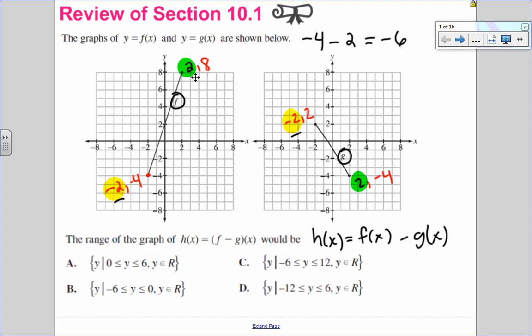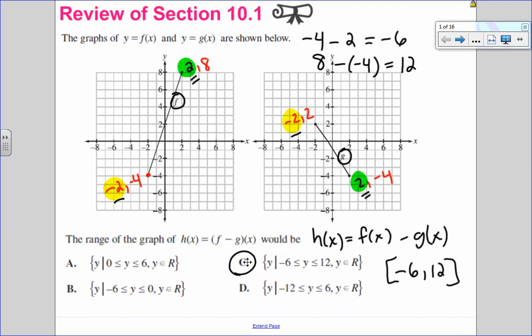Then I will do the same for my x value of +2. So I'm subtracting g from f. I take my y coordinate for f and subtract my y coordinate for g when x equals 2, and I get +12. So that tells me that my range is going to be from -6 to 12, and of course, since they are endpoints, including both. So I can see that C is the correct option.